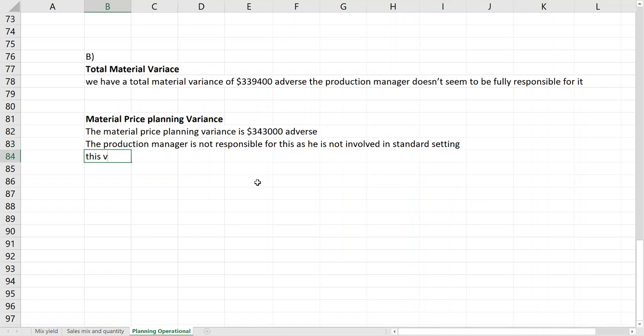This variance arises because the plan was not correct, as the 20% increase in market price was not estimated in budget.